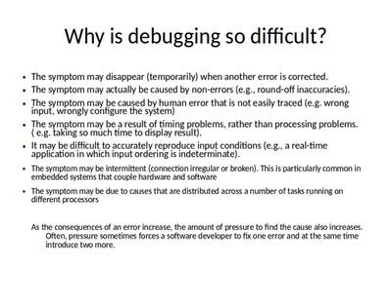As the consequences of an error increase, the amount of pressure to find the cause also increases. Often, pressure forces some software developers to fix one error and at the same time introduce two or more errors.